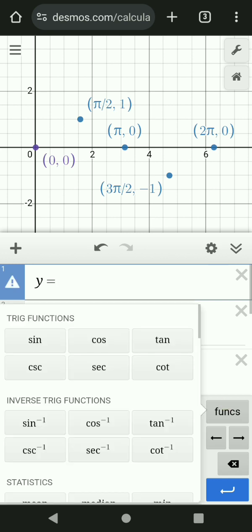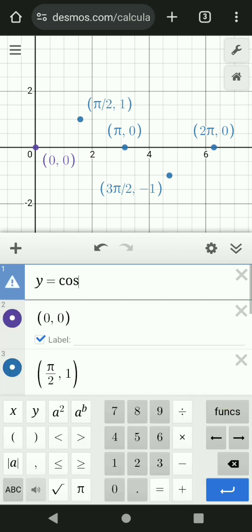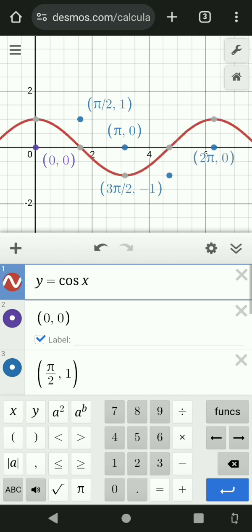Now let's proceed to cosine. Cosine x with our same 5 highlighted points. So here it is.